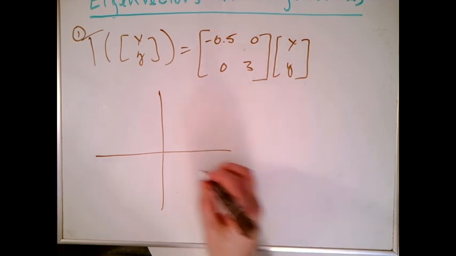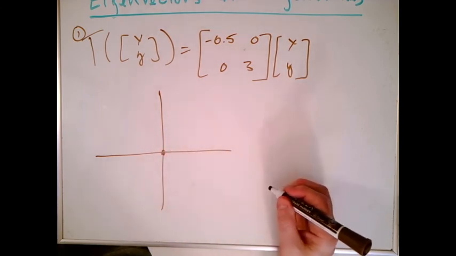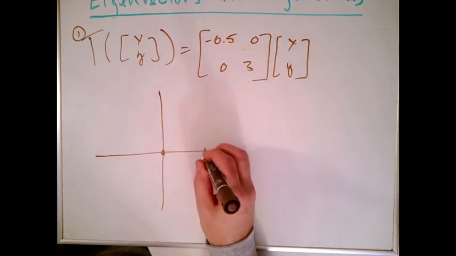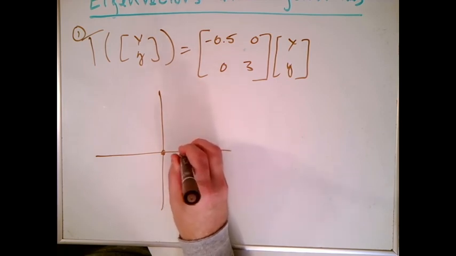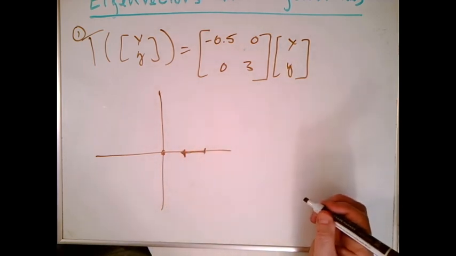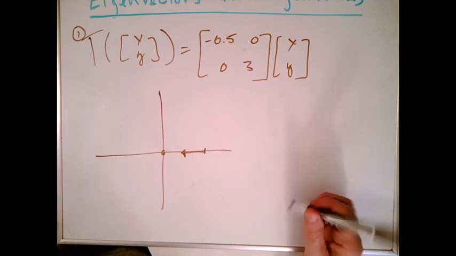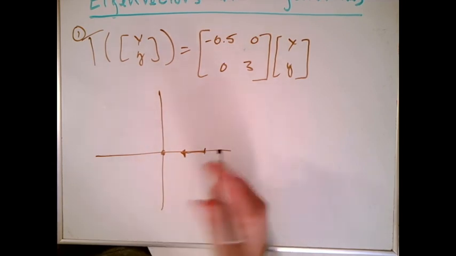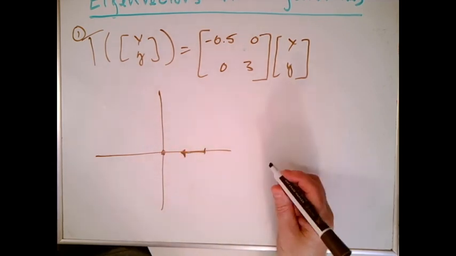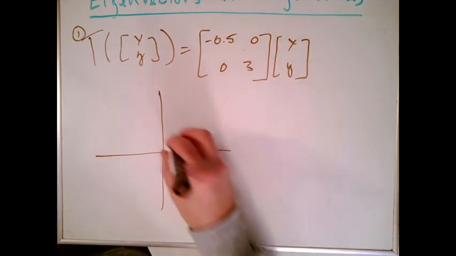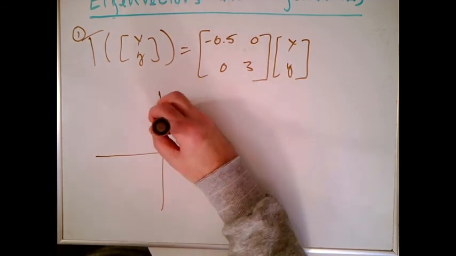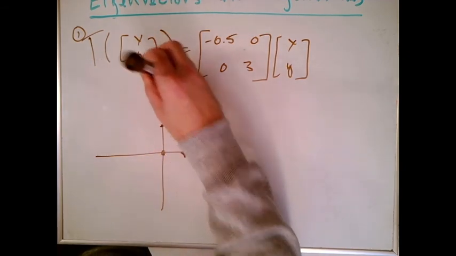Remember, when we plug in 0, 0, we get 0, 0. Now, when we plug in 1, 0, we got negative 0.5. You can see that the answer vector is a multiple of the original vector, and when the eigenvalue is negative, it turns the vector around and points it in. We saw that 0, 1 was an eigenvector, but that vector got stretched by a factor of 3, and so it goes like this.